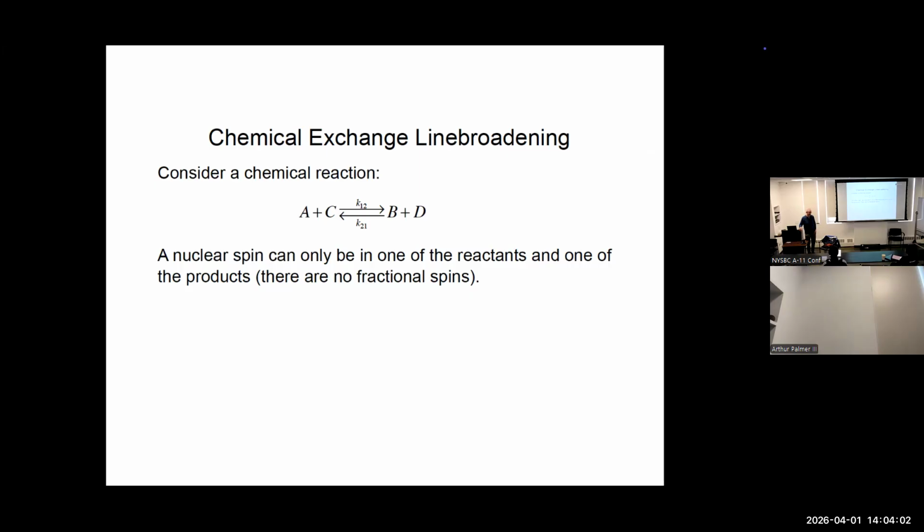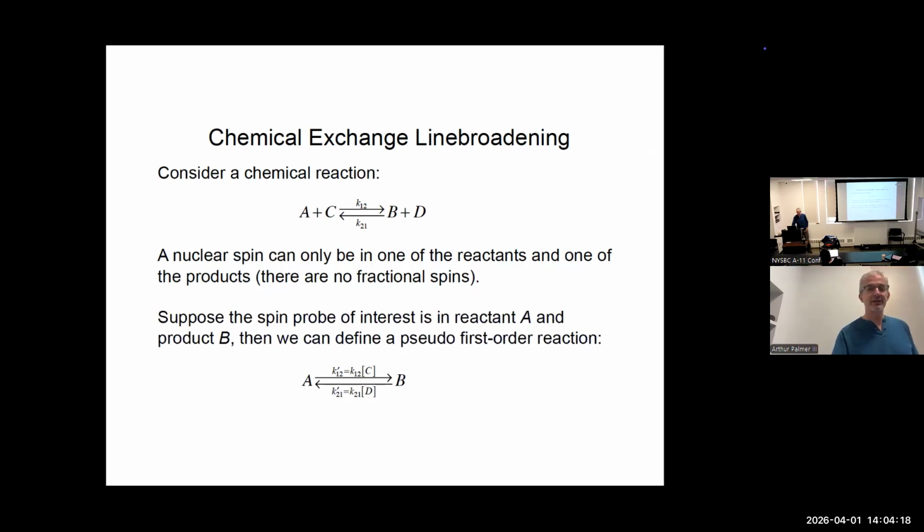Spins aren't divisible. And similarly, after the reaction, the spin is either in B or it's in D. So in most of the experiments you're likely to do, the system is going to be at chemical equilibrium.